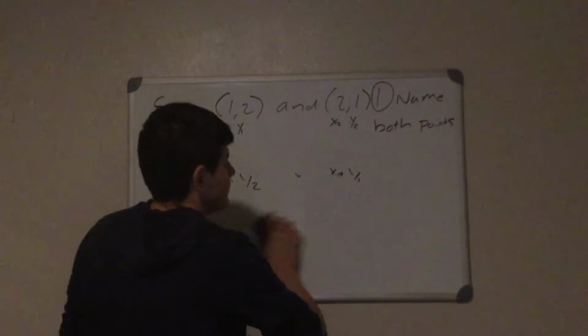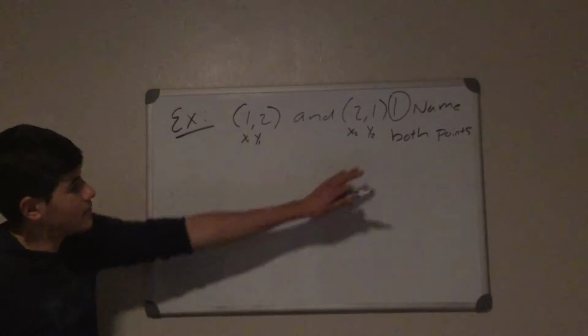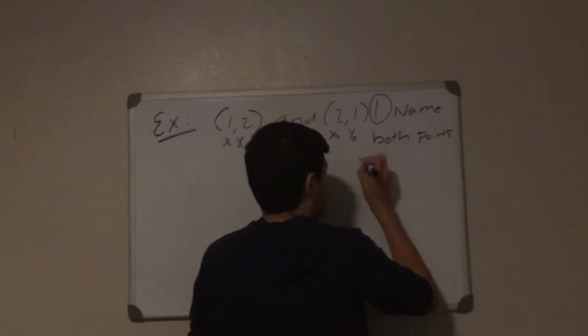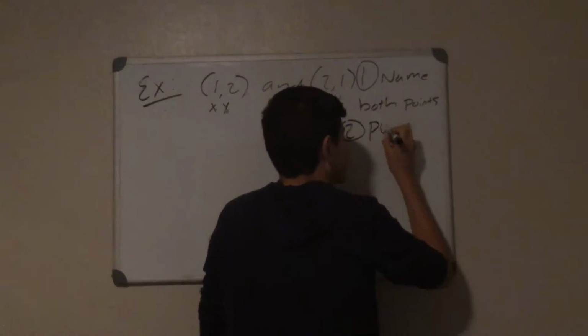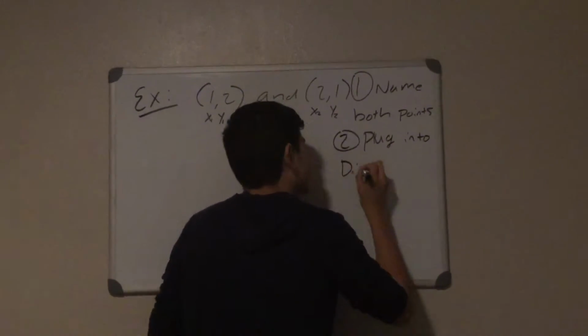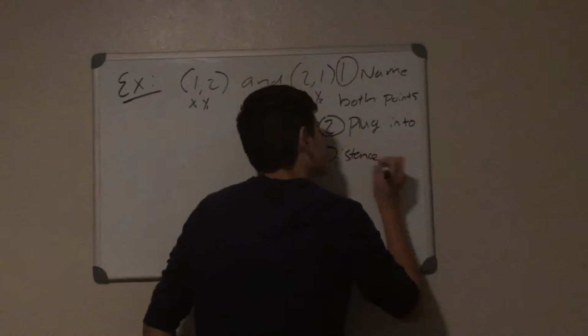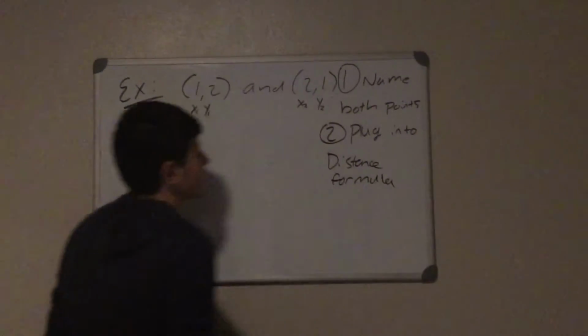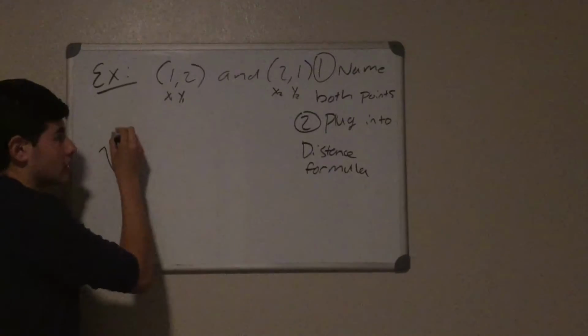Now that we've named both points, we gave them their names, our next step will be to plug them into the distance formula. Okay, so we get our formula, and we just plug them in.